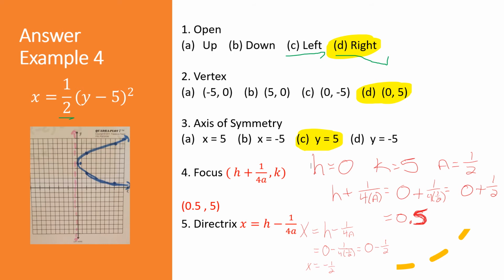Vertex, again, when it's x equals, this is kind of reverse, where this is the k, and then the h is over here, so it's like plus h. So the h is over here. And remember, the thing that's in parentheses is always the opposite.